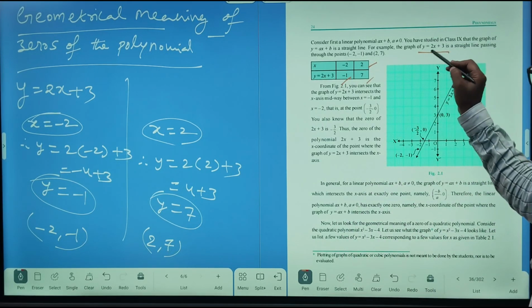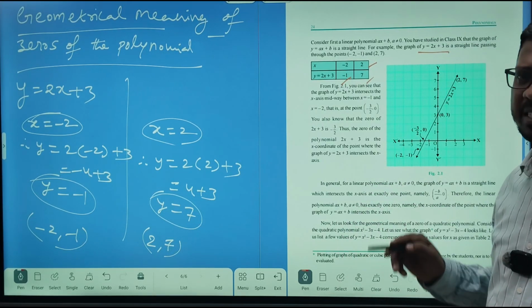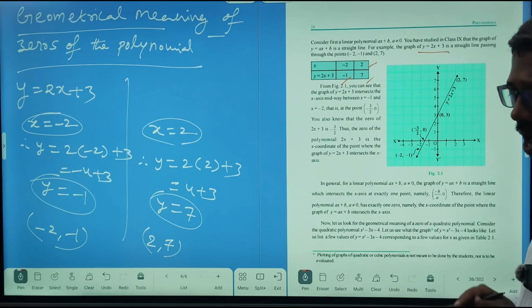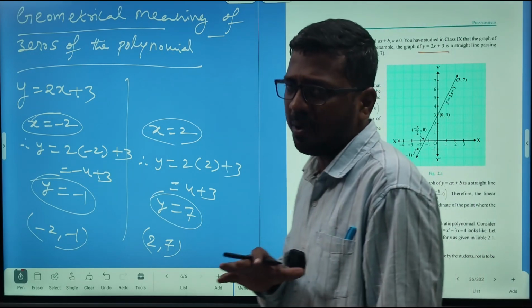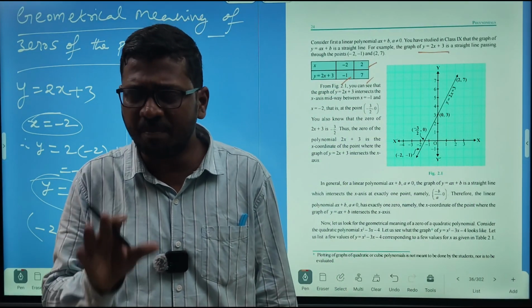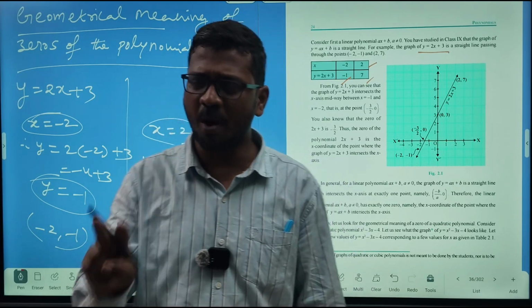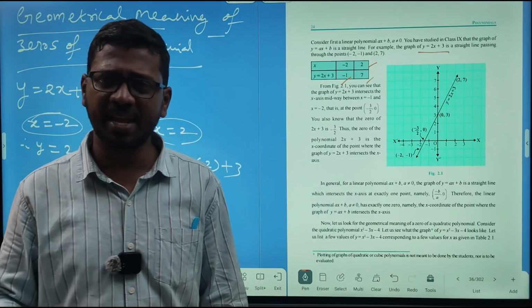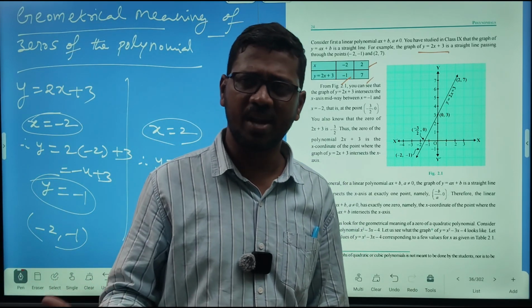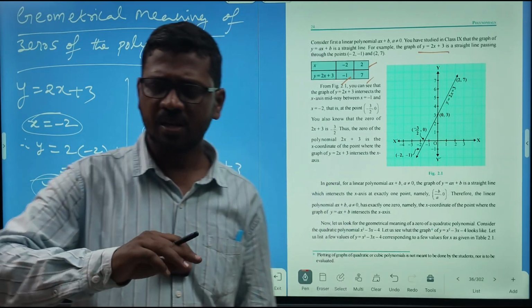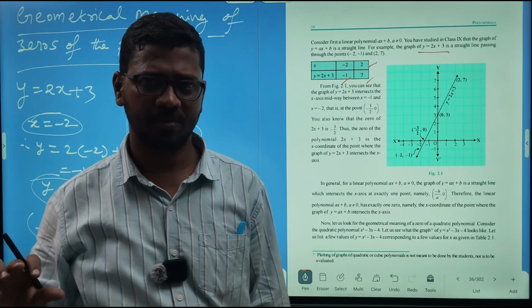So this is a linear polynomial, means it will be a straight line. The graph, the geometrical shape of a linear polynomial will always be a straight line. For a straight line, we require only 2 points. Of course, you can take many points, 3, 4 points like that. Any points you can take, just extend them.